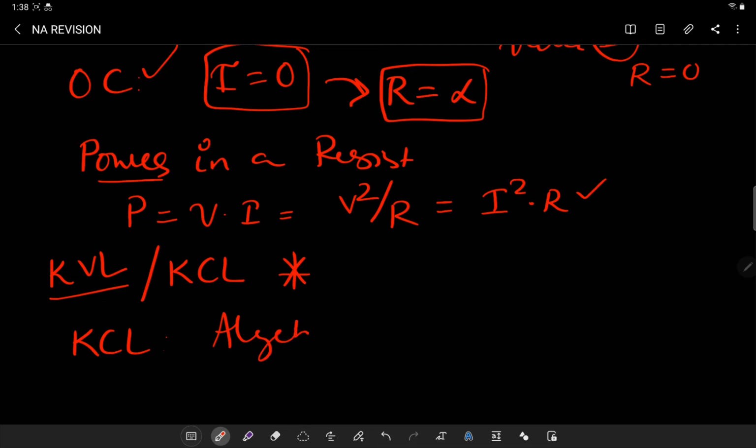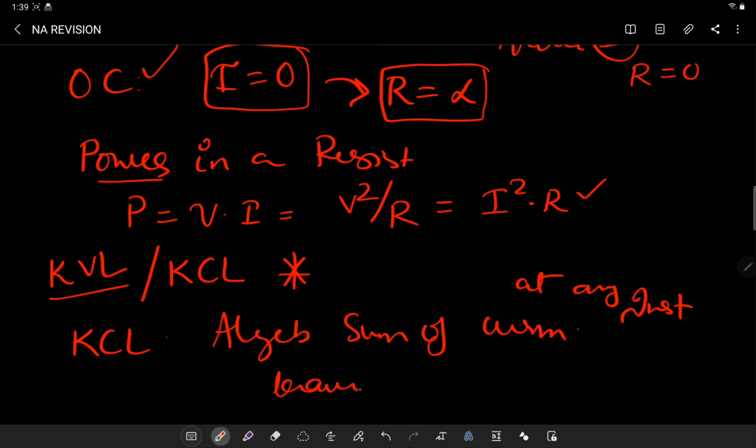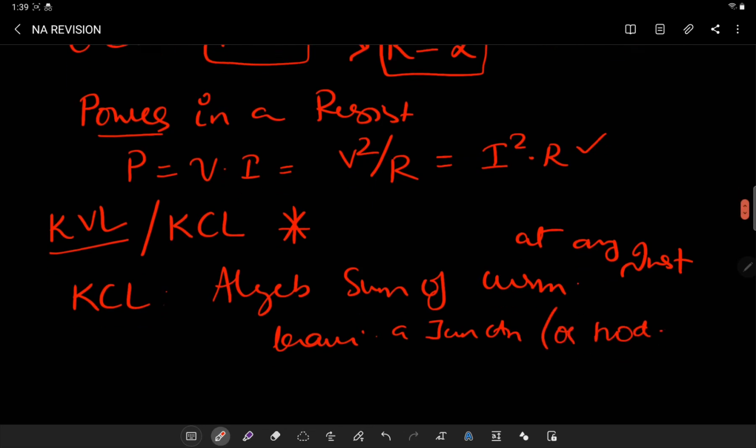It is the algebraic sum of currents at any instant leaving a junction or node in a network is 0.